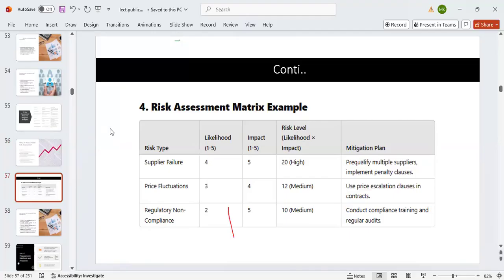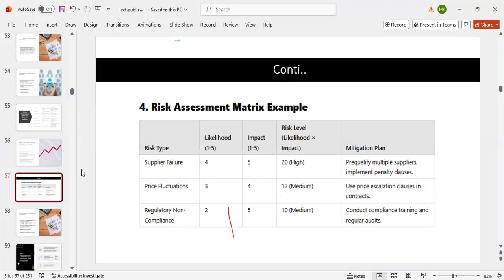For supplier risks, we can say likelihood of occurring, impact, risk likelihood level, and then a mitigation plan. So you can have various types of risks, the likelihood of them occurring and the impact. Risk is all about calculation. It means the likelihood and the impact. That is risk assessment.